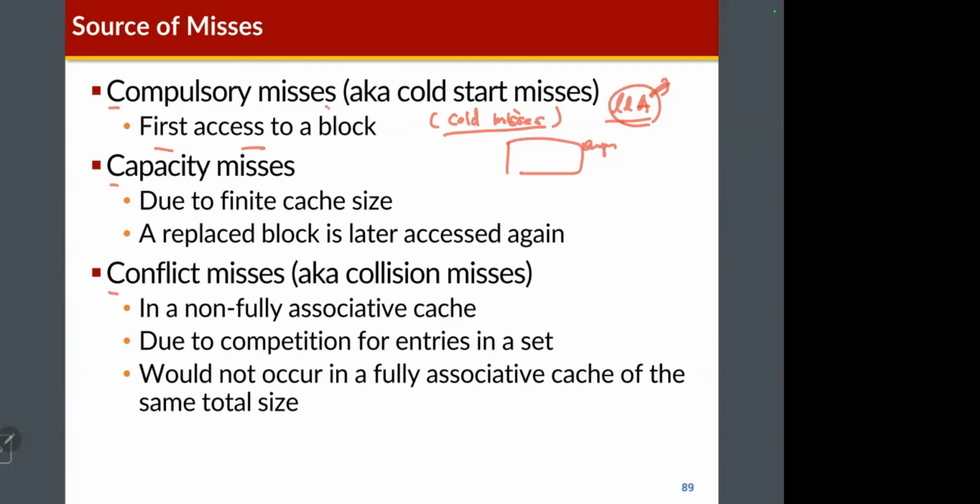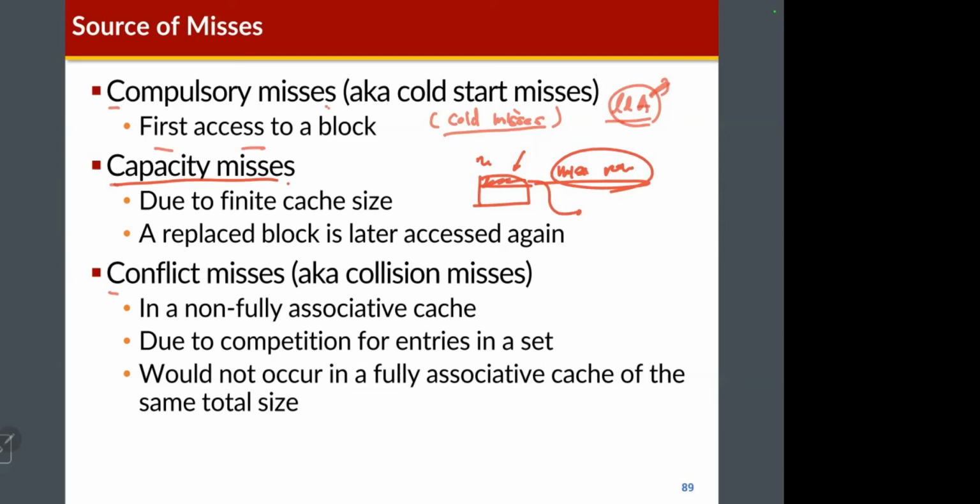Another source of miss is the capacity miss. As I mentioned, the cache size is smaller than the main memory size, so the cache has limited size. Even though a block is first referenced, because of the limited capacity this block can be evicted from the cache, and after that it can be re-referenced by the processor, but it is already evicted.